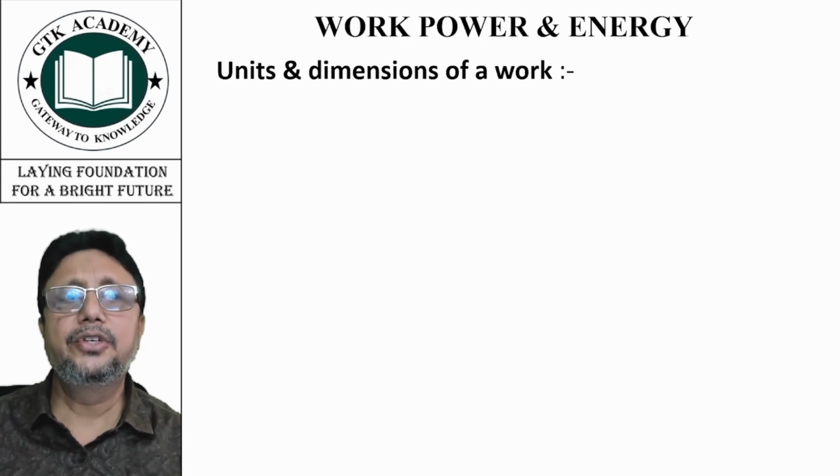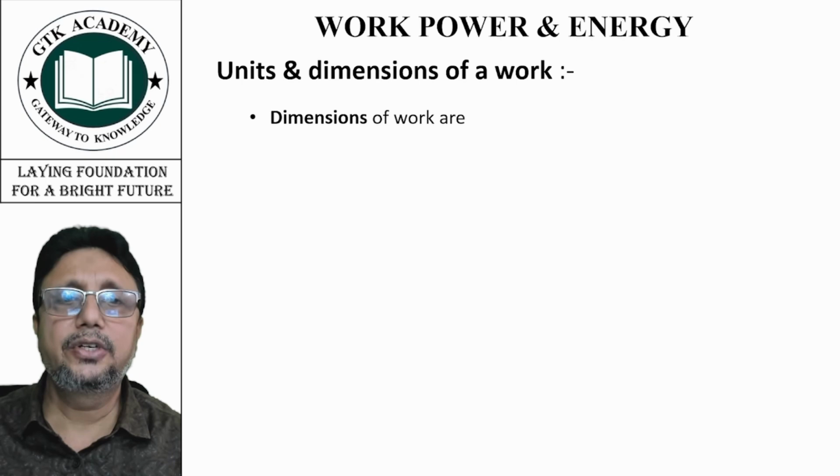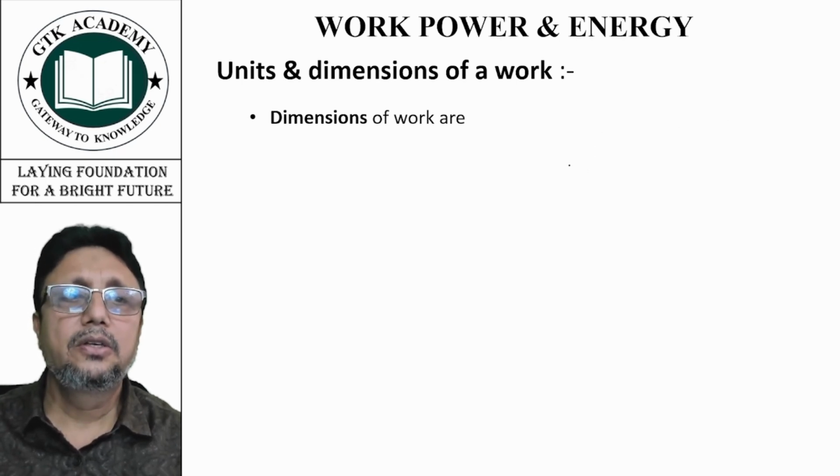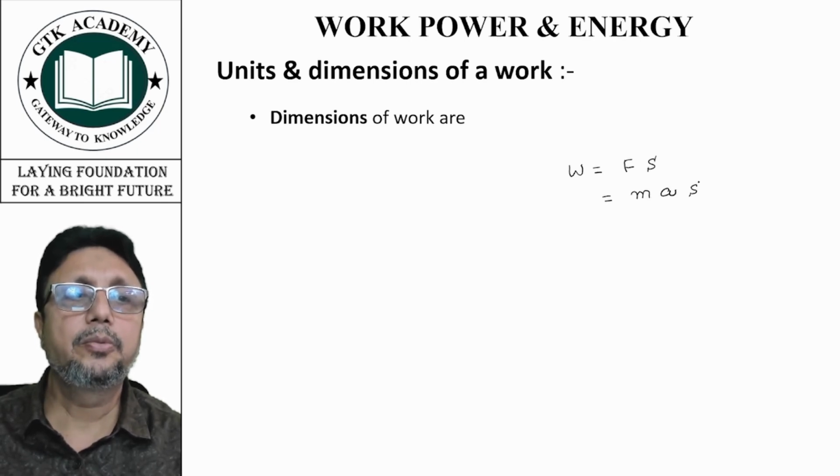Now, units and dimensions of work. Let's first talk about dimensions of work. What will be the dimension of work? See, work is equal to force into displacement. Now force is equal to mass into acceleration, into displacement.